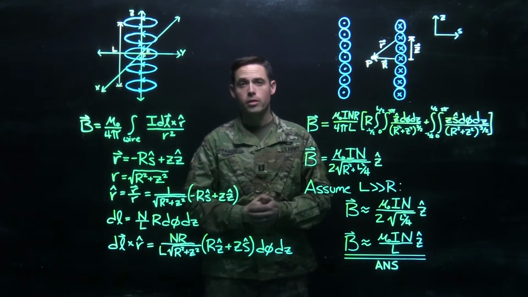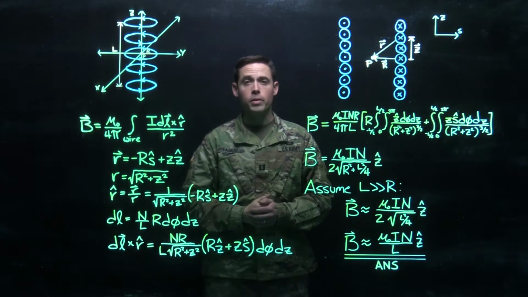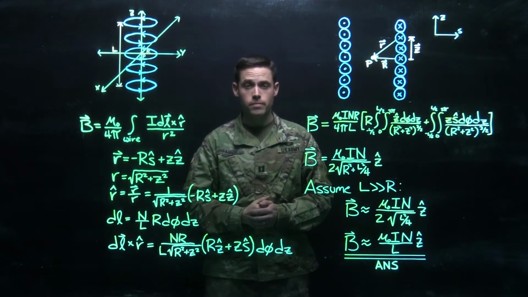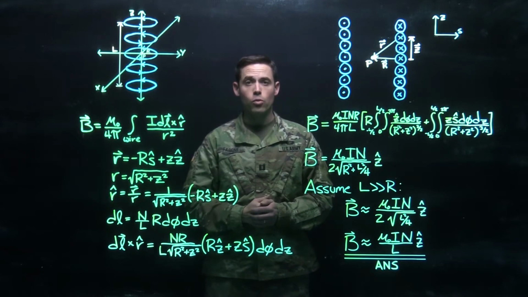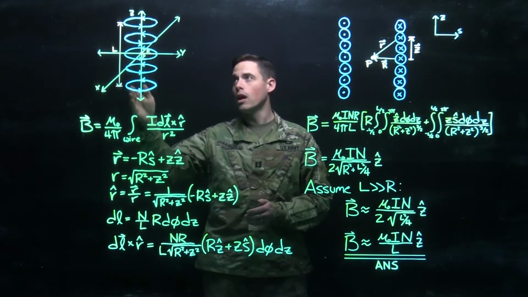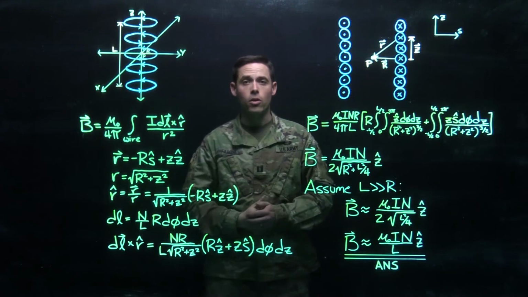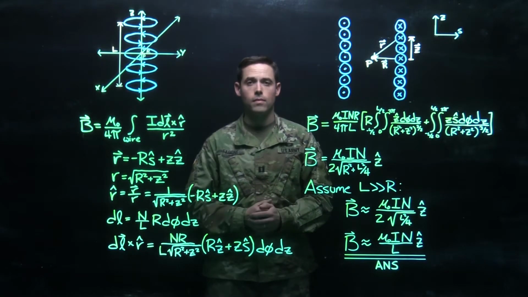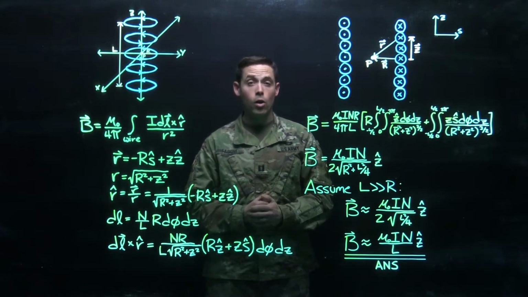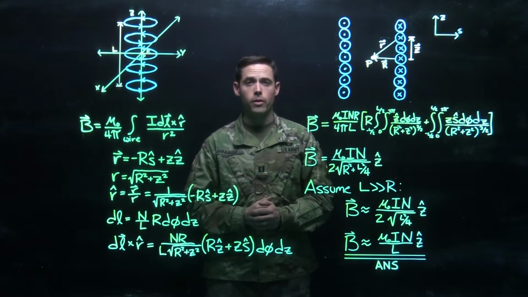Due to the geometry of our wire, it will be easiest to perform this integration using cylindrical coordinates, where S represents the radial direction, phi represents the azimuthal direction, and Z represents the direction aligned with the longitudinal axis of our solenoid. Before we can apply the Biot-Savart Law, we'll need to define the terms of our path integration.